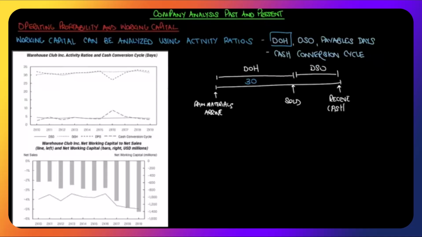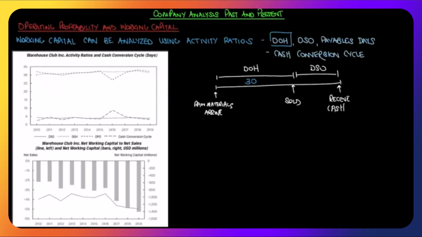Now, DSO for Warehouse Club, and I know that it's staring you in the face there, but if we just pretend we haven't looked at it yet, this was the benefit of assessing the business model. I know this is a very obvious one. It's a retailer. Customers turn up to their premises and they buy stuff and they pay for it. But you've set your expectations. I am now going to look at this chart and expect to see a very, very low days of sales outstanding because people pay up front.